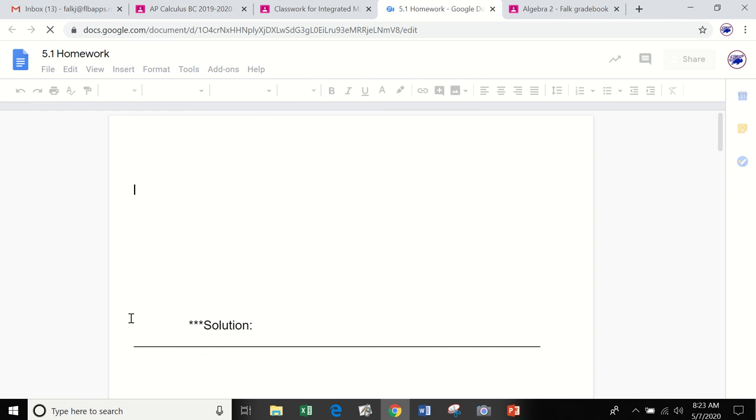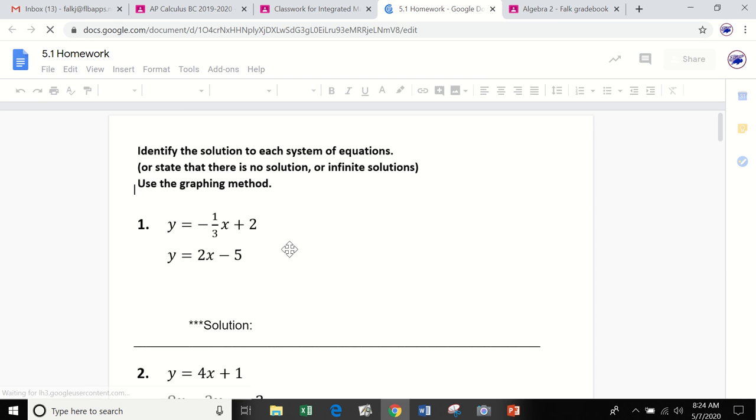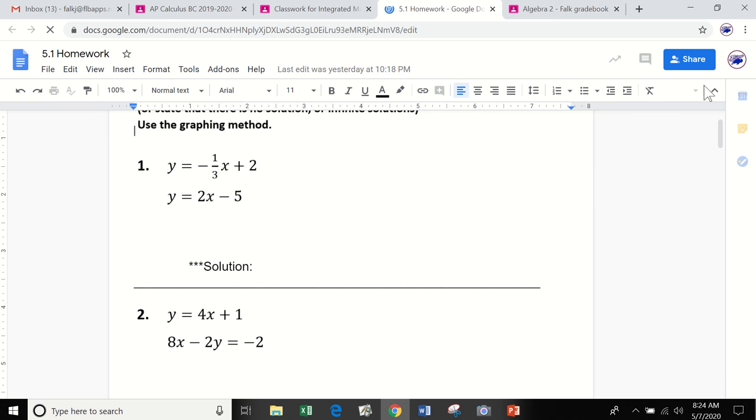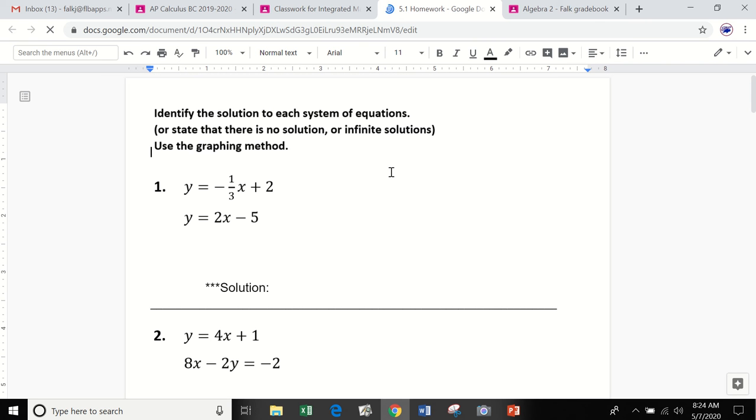So here we go. You open up your Google Doc by clicking it, and look at that. It's beautiful. So here's what you've got to do. Identify the solution to each system of equations, or state that there is no solution or infinite solutions.